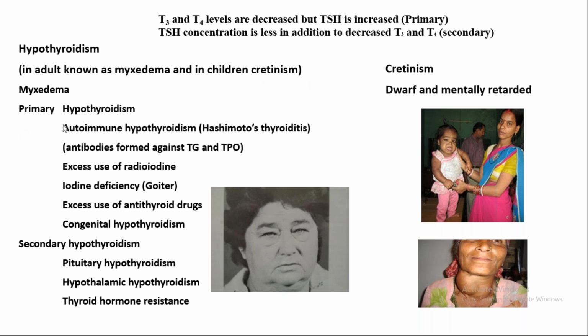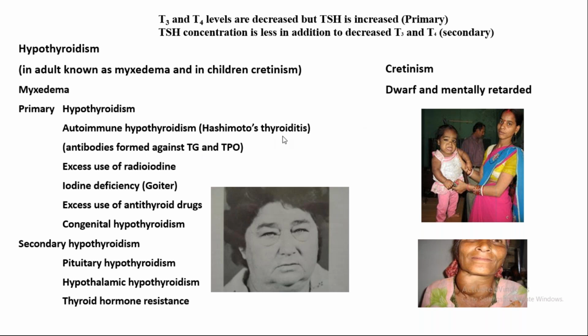So, myxedema, primary hypothyroidism. Autoimmune hypothyroidism is known as Hashimoto thyroid disease. These are the molecules functioning over here, inhibiting the activity of the thyroid gland cell. Ultimately, the thyroid gland is not functioning well, and these autoimmune molecules lead to inhibiting or suppressing the function of the thyroid gland cells or synthesis of the thyroid hormone.